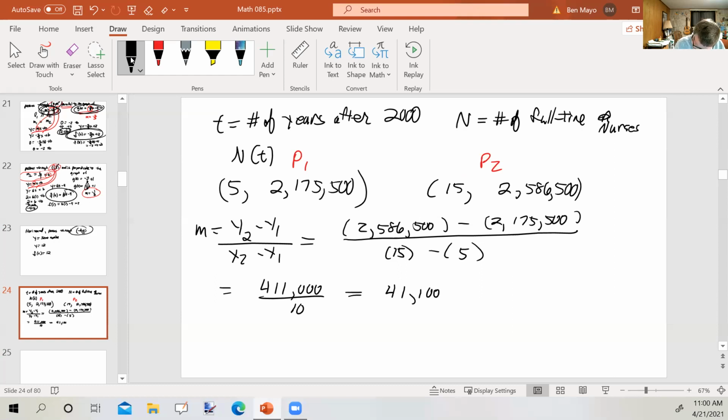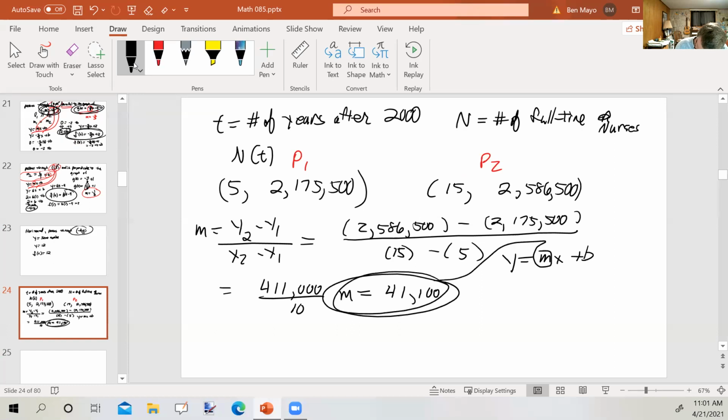So the slope is 41,100. Okay, so using y equals mx plus b, we can take the 41,100 and get y equals 41,100x plus b.